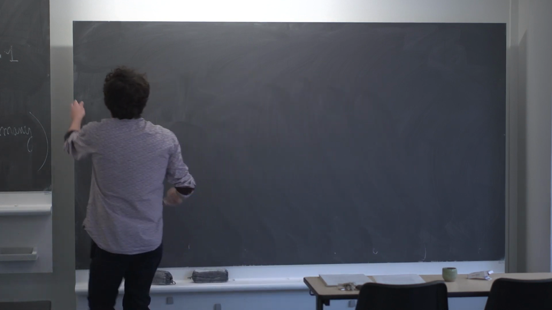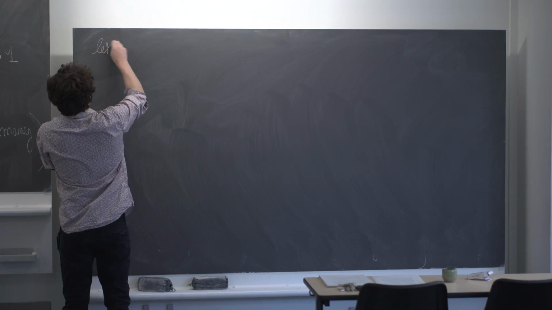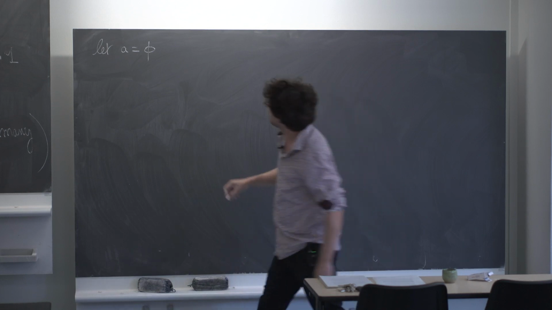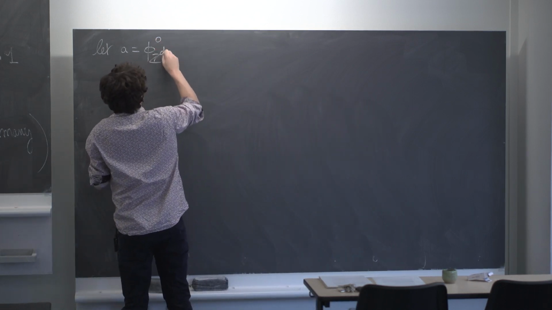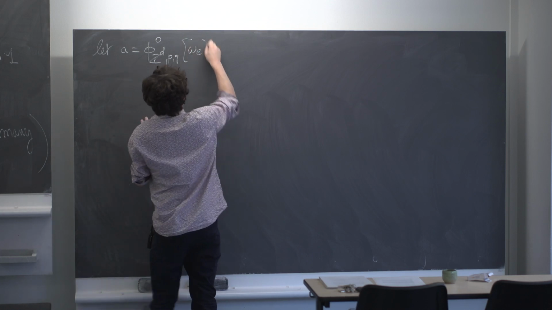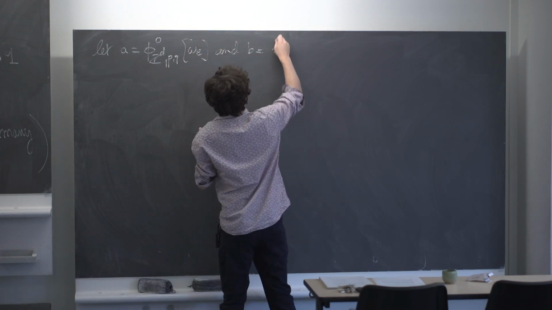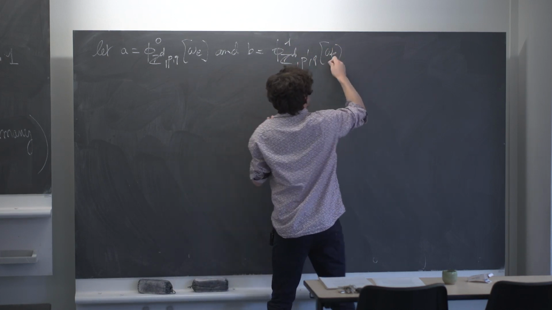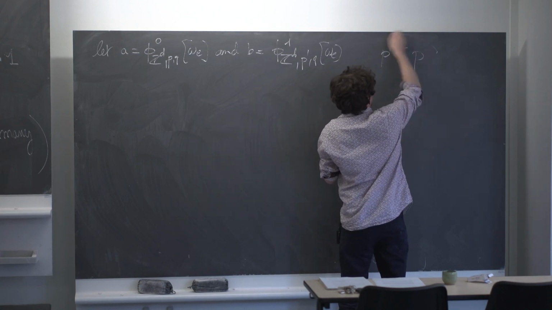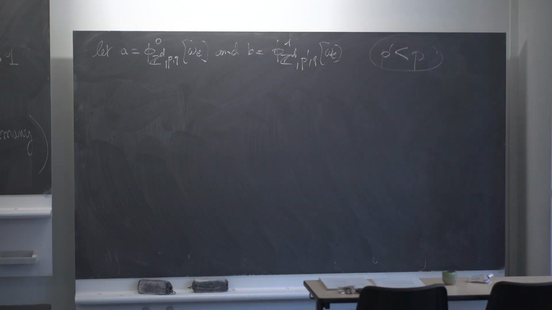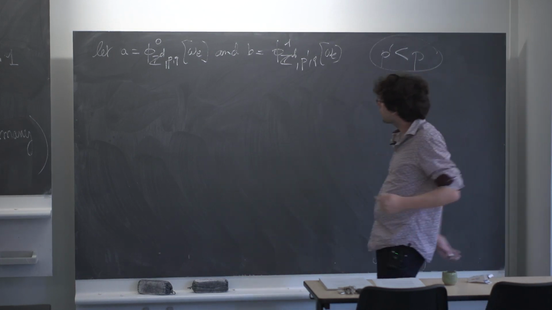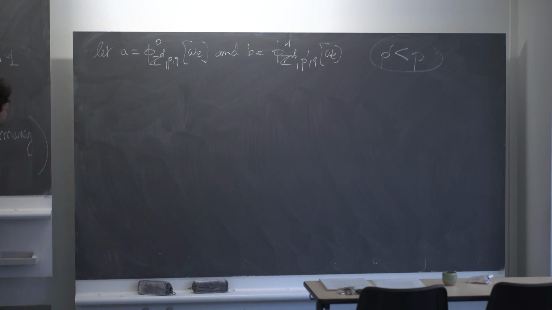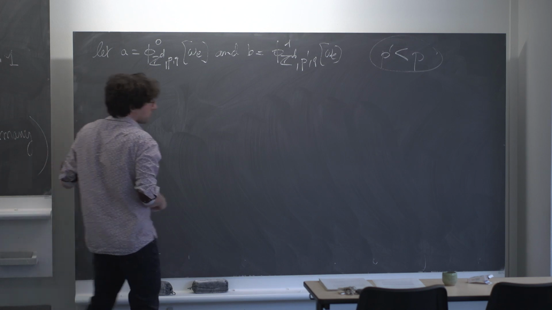So let A be phi 0 ZD PQ of omega e, and B equal phi 1 ZD P prime Q of omega e, and remember that P prime is smaller than P. So you take big boundary condition for the small measure, for the small P, and zero boundary condition for the big P.